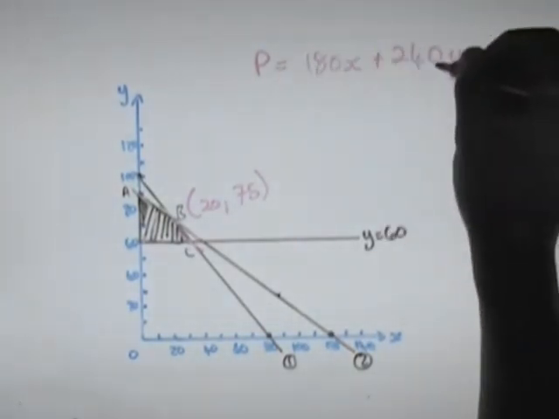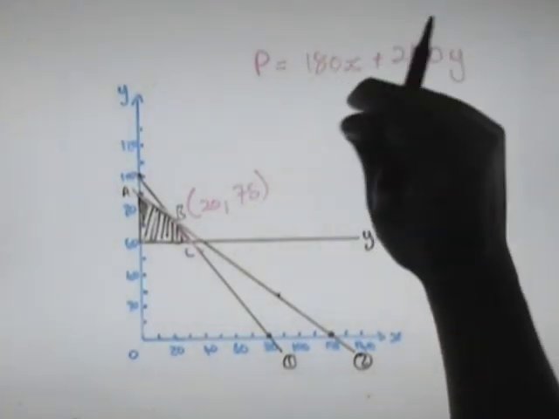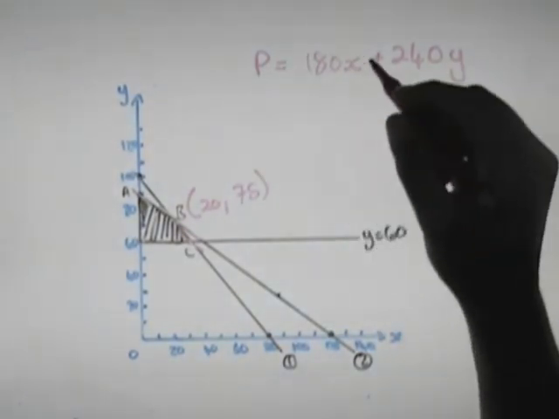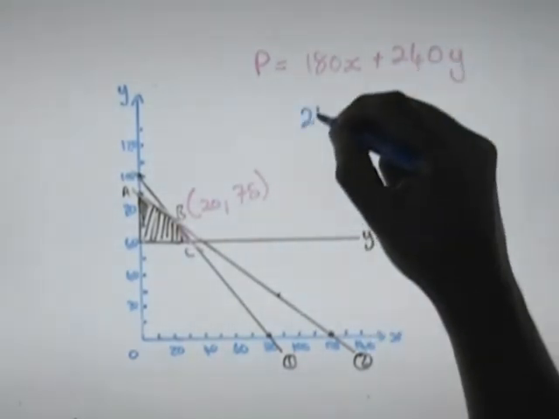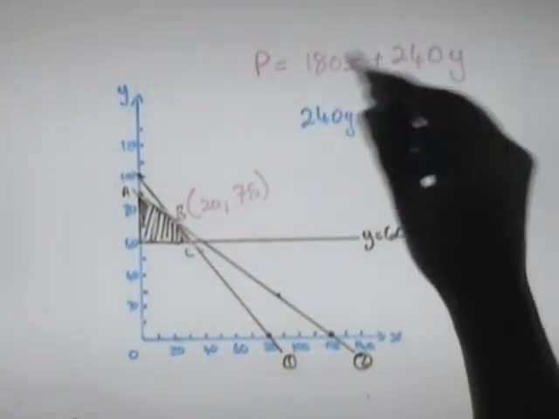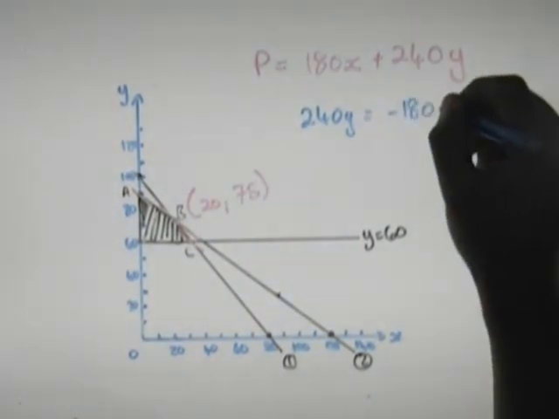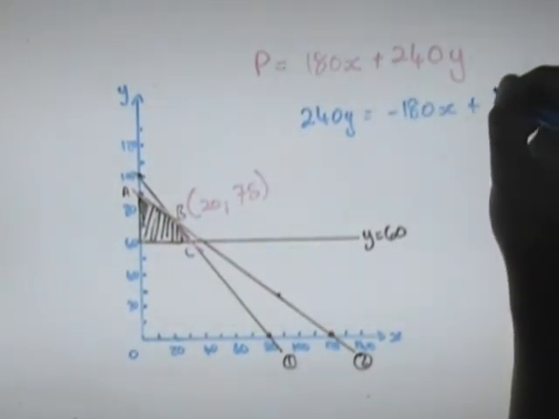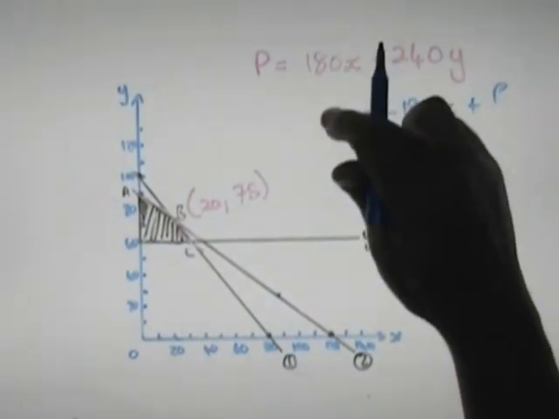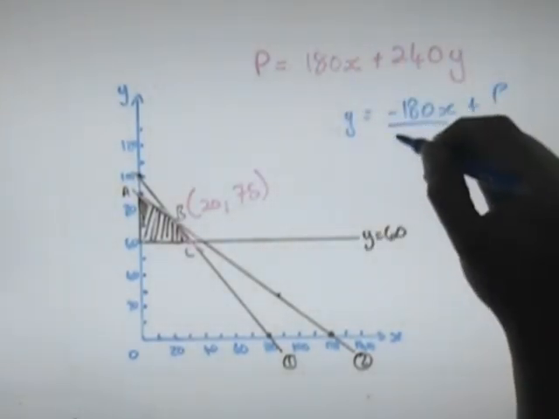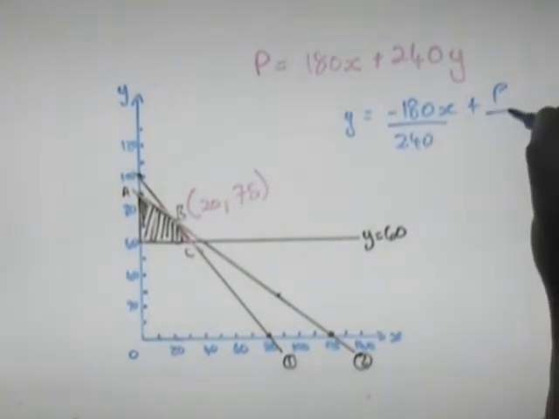Let's look for the search line. I'm going to do this in blue. 240y is going to equal negative 180x plus p. That means that y is equal to negative 180 over 240 x plus p over 240.